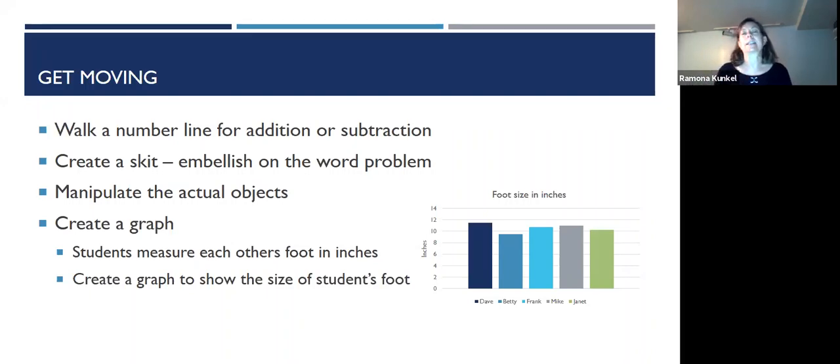We actually did this where they measured each other's feet, which they loved. And then they created a graph to show how many inches the feet were of the students in the class. We also did one where they had to measure around their head, which they just thought was the funniest thing in the world. And they really, really enjoyed that.